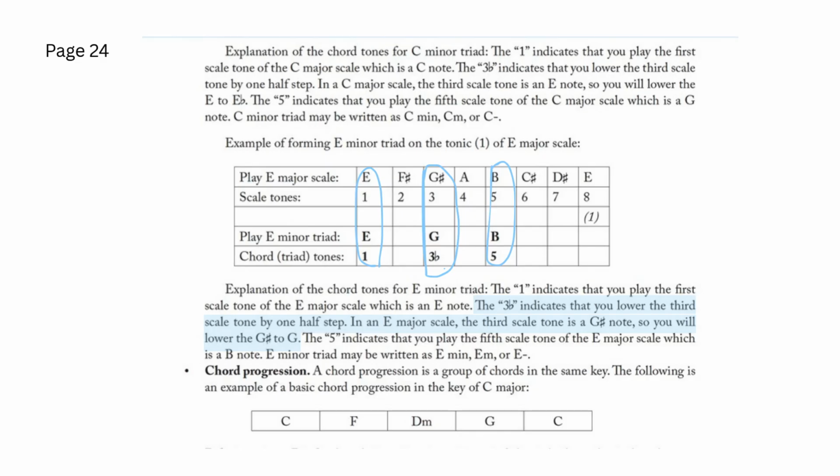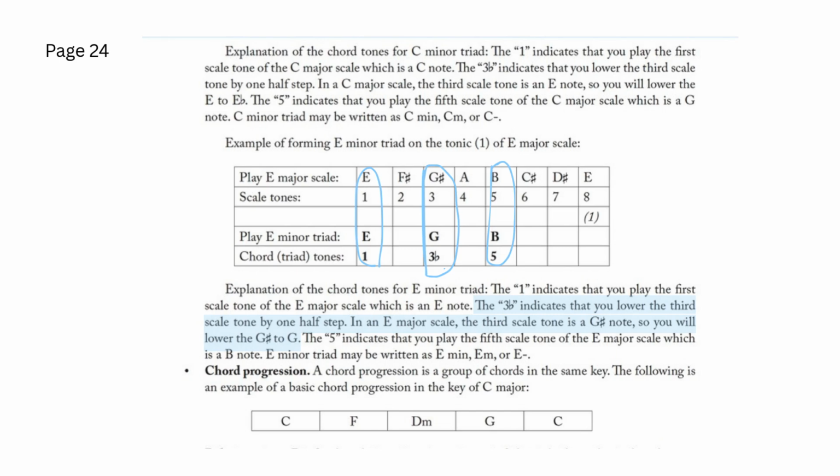So we started on E, up a whole step to F sharp, up a whole step to G sharp, up a half step to A, up a whole step to B, up a whole step to C sharp, up a whole step to D sharp, up a half step to E. 1, 2, 3, 4, 5, 6, 7, 8, or 1, because it is the same as the first scale tone.